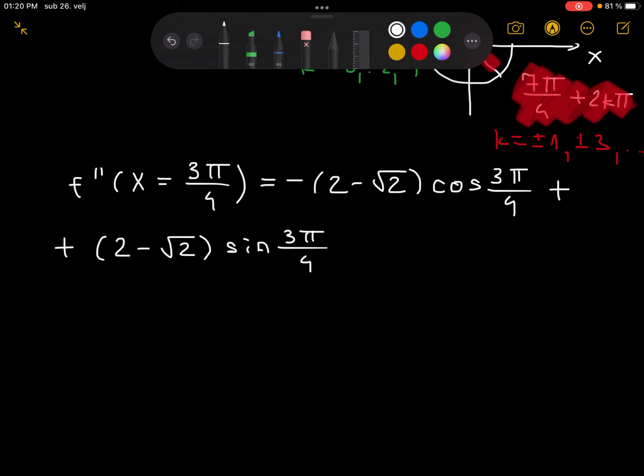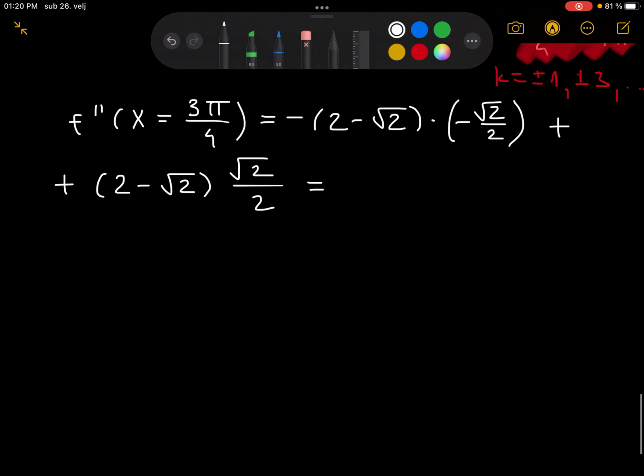So the cosine of 3 pi over 4 is simply going to be negative square root of 2 over 2, and the sine of 3 pi over 4 is going to be positive square root of 2 over 2.